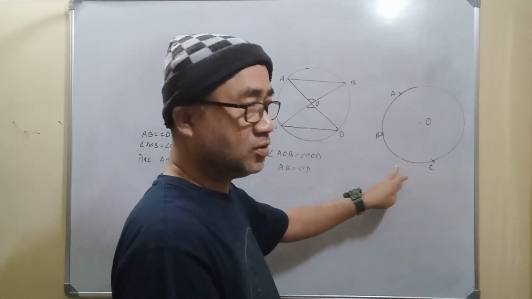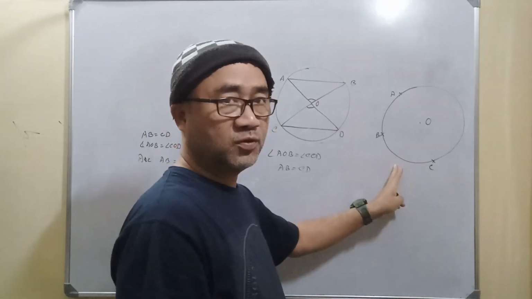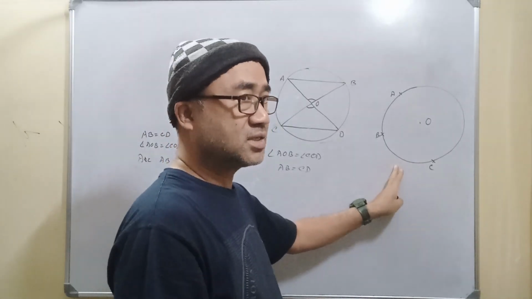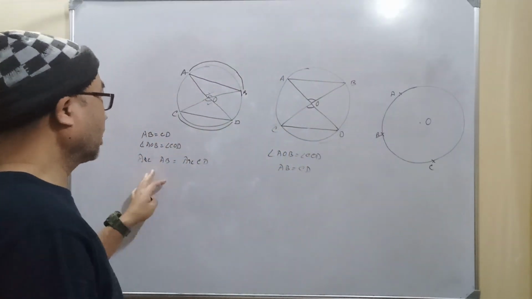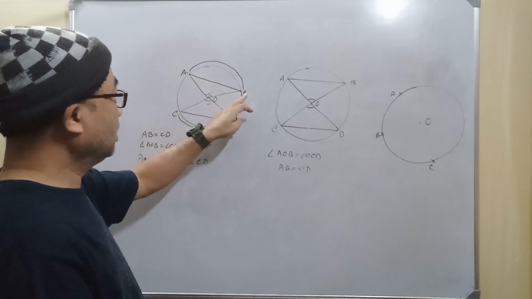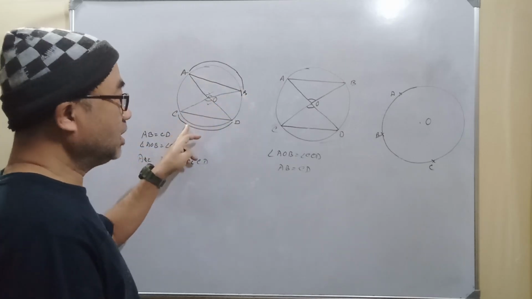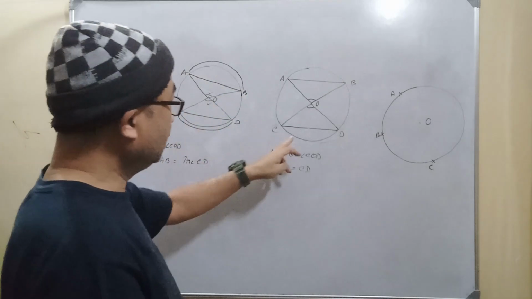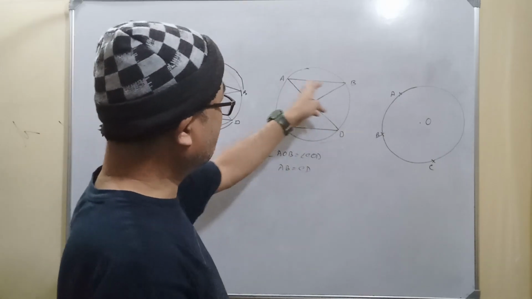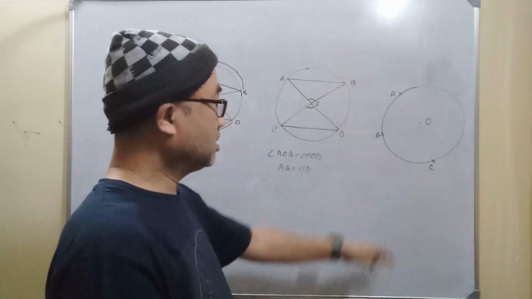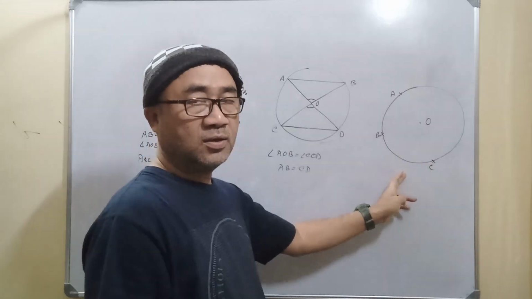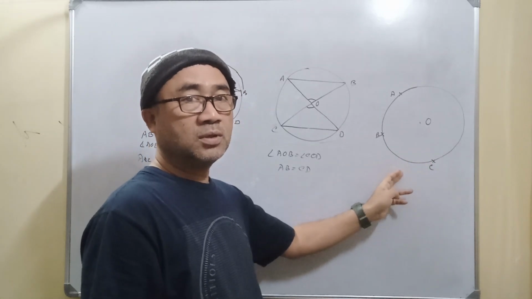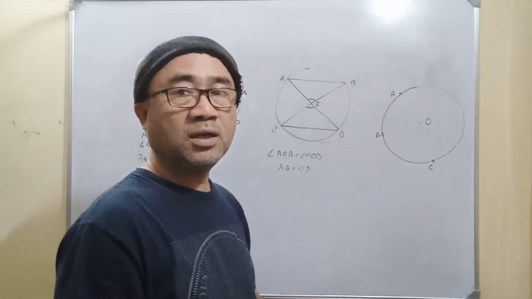And this also need not be proved. Just remember it. So we got three properties: equal chords subtend equal angles, and if angles are equal, then the chords are equal. And the third one is that we can draw only one circle through three non-collinear points.